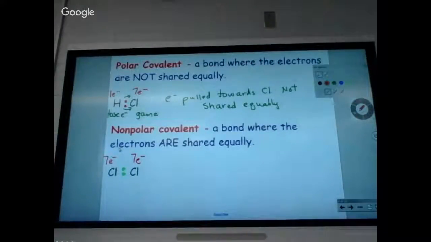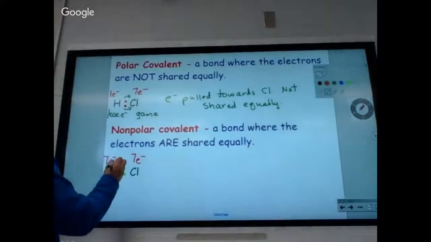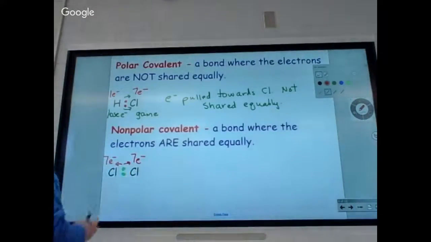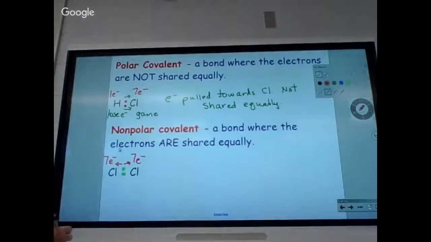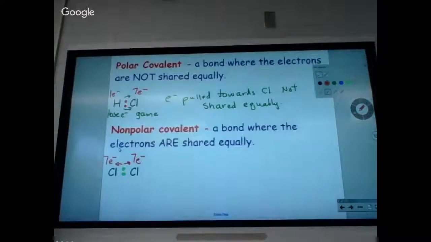Would either Annette pull harder on the rope than the other Annette? No. So these electrons are pulled equally between the two chlorines, and because they're shared equally, it's called a nonpolar covalent bond.